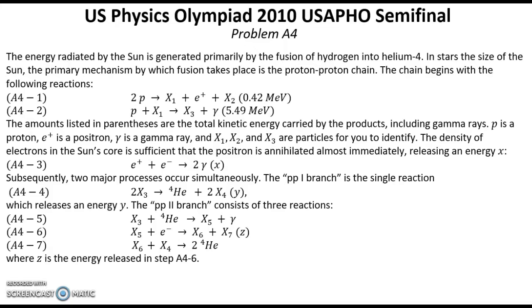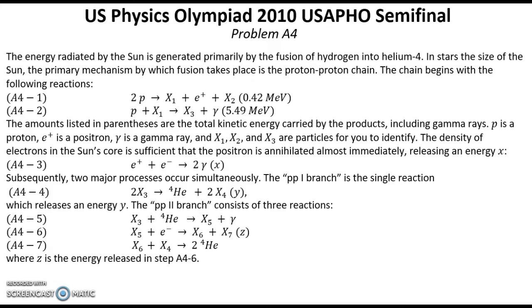First reaction: 2 protons go into element X1, positron e+, and element X2. The second reaction is proton plus element X1 going to element X3 plus gamma ray.